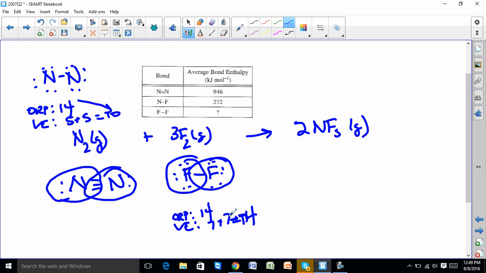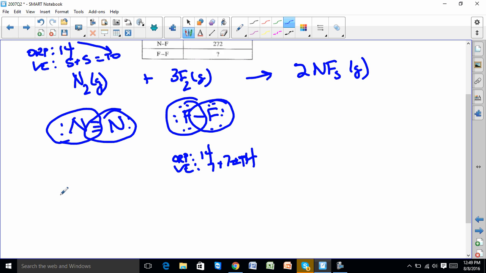So let me just extend this page. What we have is this nitrogen molecule, and then we have 3 fluorine molecules, because it means moles, but it also can mean molecules.